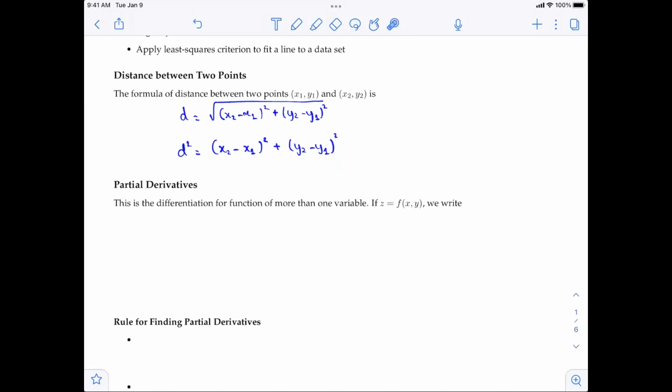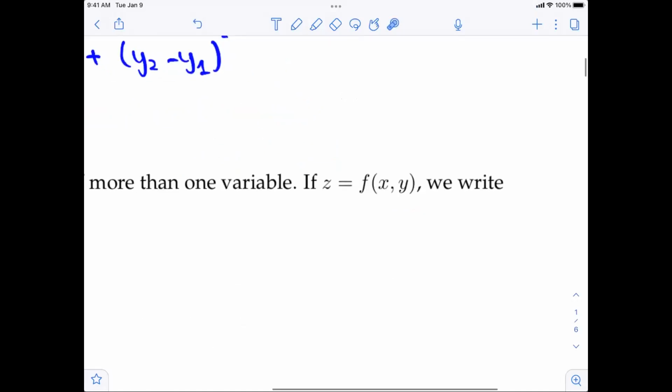The next formula we're going to look at is the partial derivatives. Again, a partial derivative is just the derivative, or differentiation, of a function of more than one variable. In this case, we're just going to focus on a function of two variables, a function of x and y.